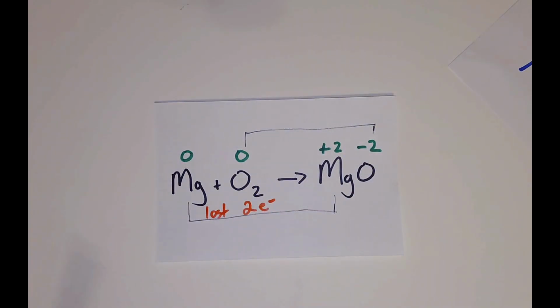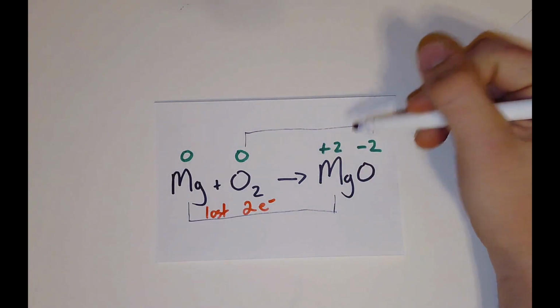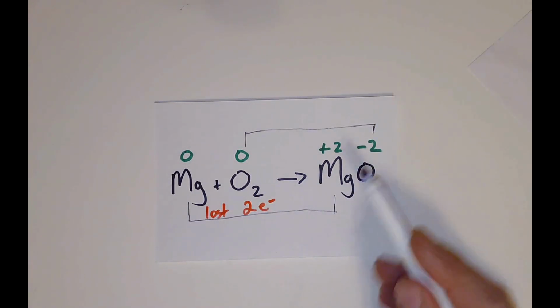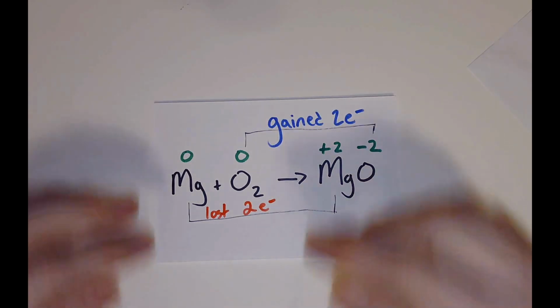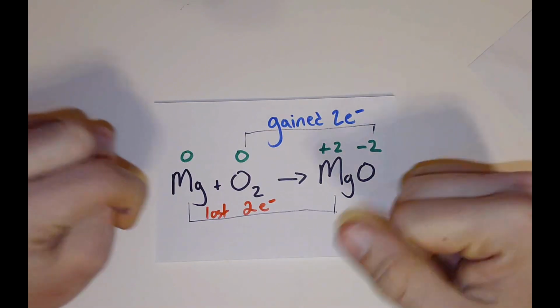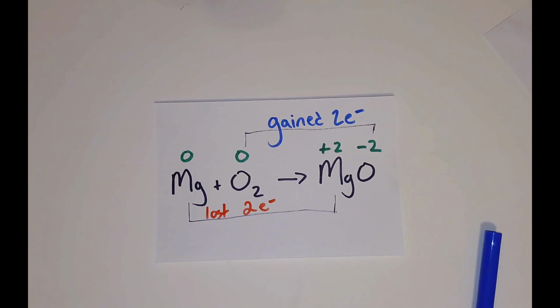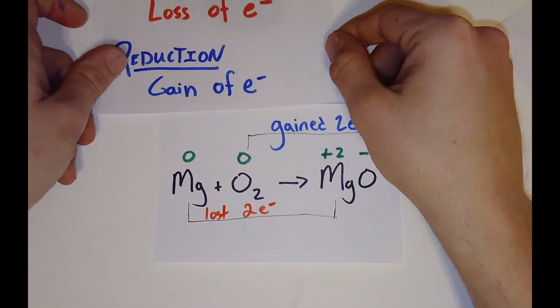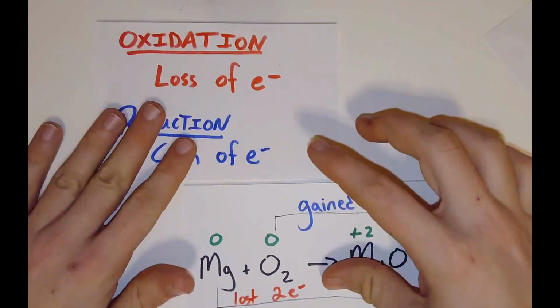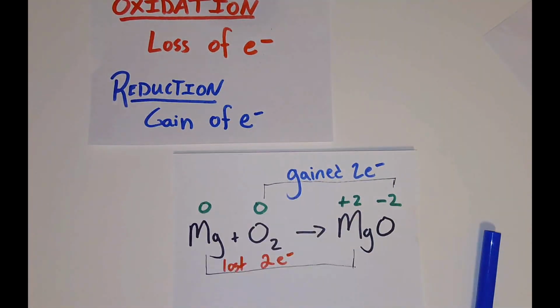And that means, of course, that up here something else had to happen. And I went from 0 to -2. So what did happen there? Because if I'm losing electrons here, they have to be given to the other thing. They can't just be created or destroyed. Now, remember, we had a name for this. We said that oxidation is the loss of electrons, and reduction is the gain of electrons.